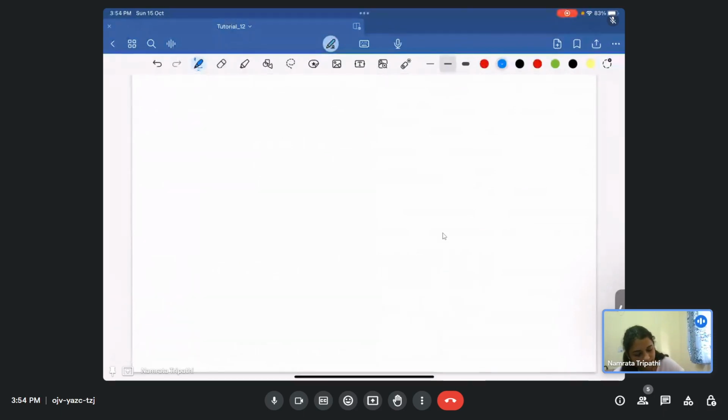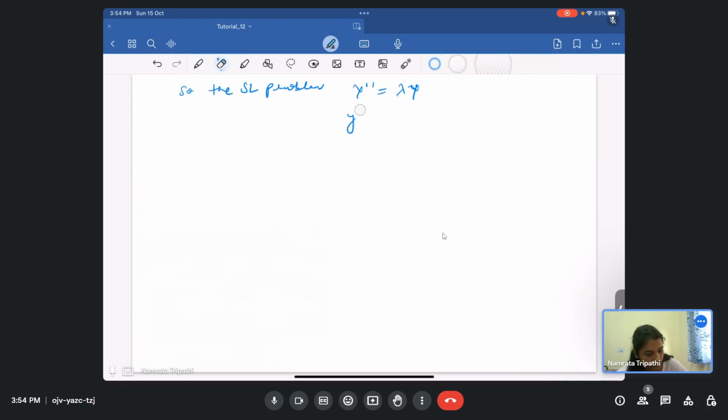So the problem y double dash equals lambda y, where the boundary conditions are as given. Fine.